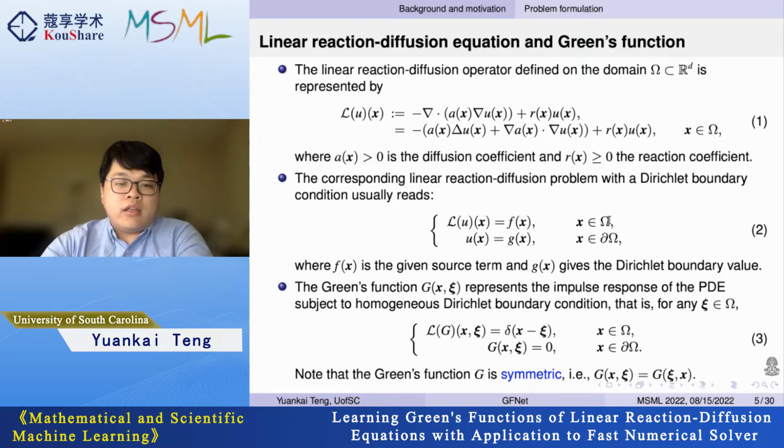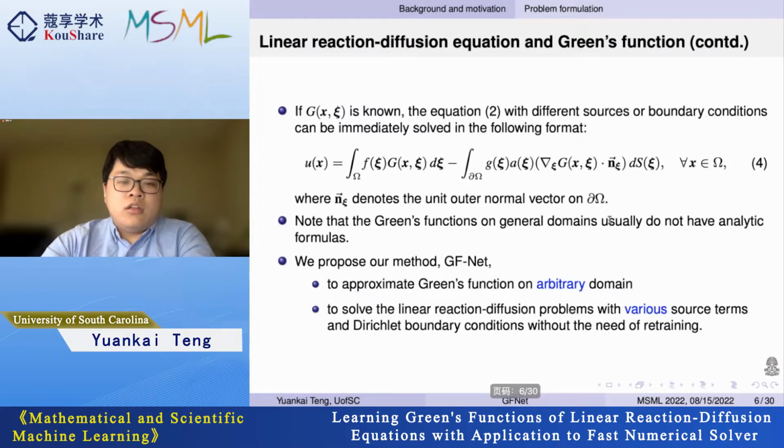And then we know that if we know the Green's function, which represents the impulse response of this PDE subject to a homogeneous Dirichlet boundary condition, we can solve this problem with numerical integration for different source terms or boundary conditions in equation 4. And here we should note that the Green's function defined in omega is symmetric.